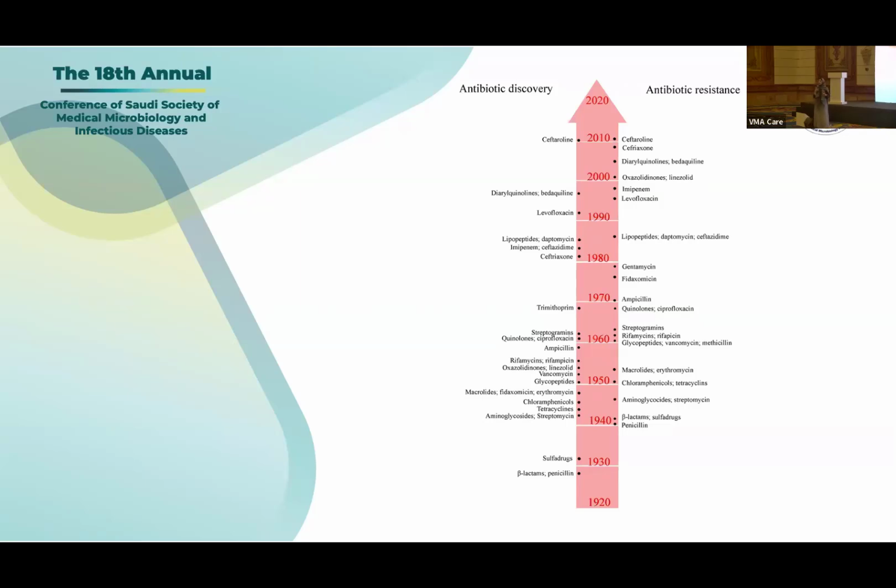So we have resistance. So why don't we, when we have resistance to an antibiotic, discover a new antibiotic, and so forth? I'm sure if you're reading updates in diabetes or in oncology, you'll see a lot of medications that are approved all of the time.